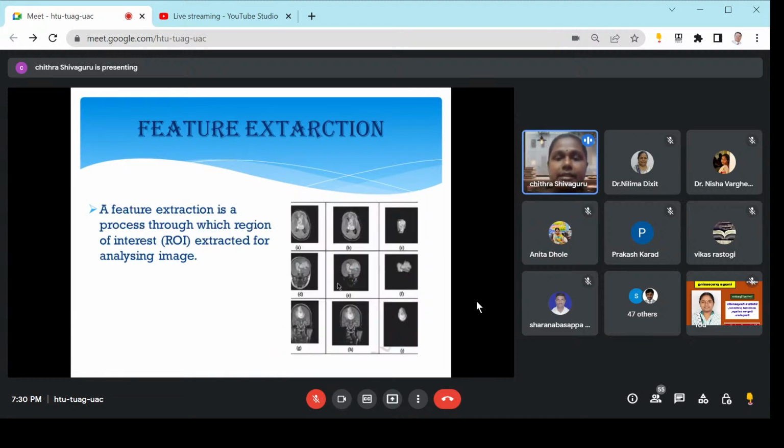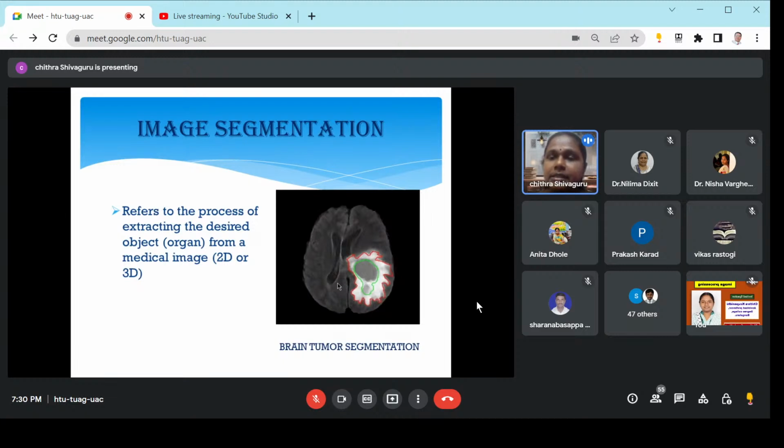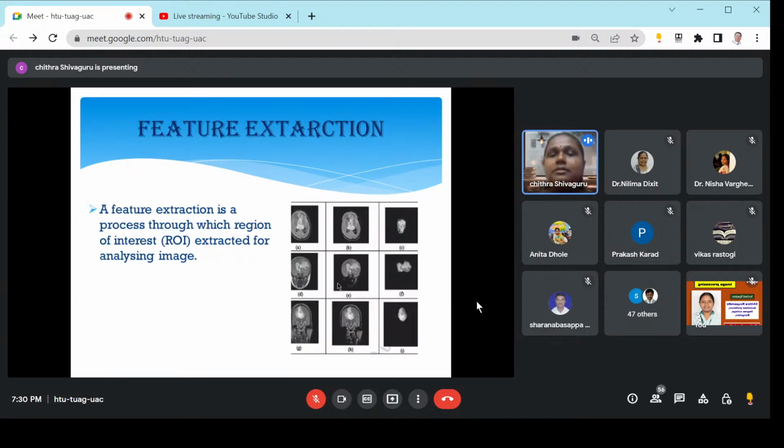Let's go to the next one. Feature extraction. We can't say only by detecting it that a person has the tumor; we can't conclude it. Depending on the features, which are very well known by the doctors, some features can be taken. For example, with Alzheimer's disease, by seeing the skull's size or the volume or the color, we can identify that that person has Alzheimer's disease, that kind of information.